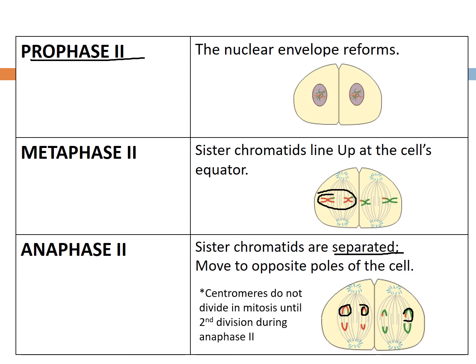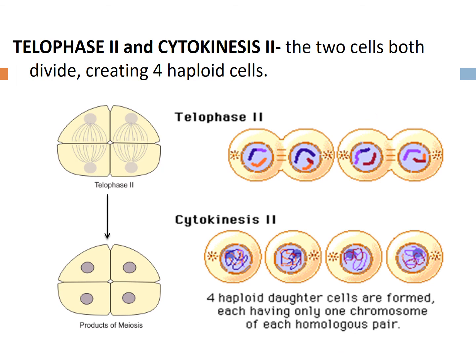Okay, and the centromeres do not divide in meiosis until the second division, anaphase 2. I think that's supposed to say meiosis, but you don't have to write it down, so you're fine. Okay, so in telophase 2 and cytokinesis 2, the 2 cells are now dividing, and this is how we get our 4 cells. So 4 daughter cells are formed, each having only 1 chromosome of each homologous pair.